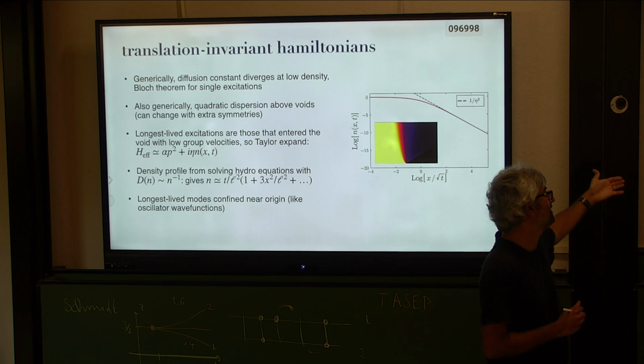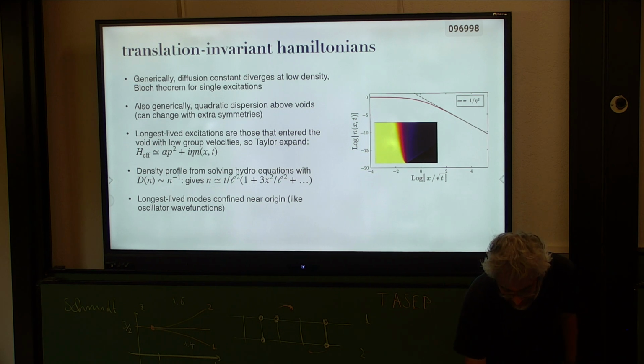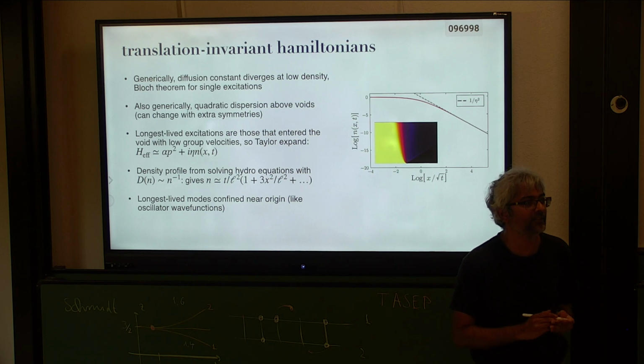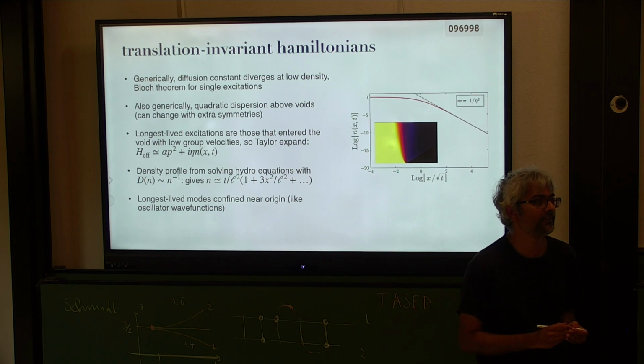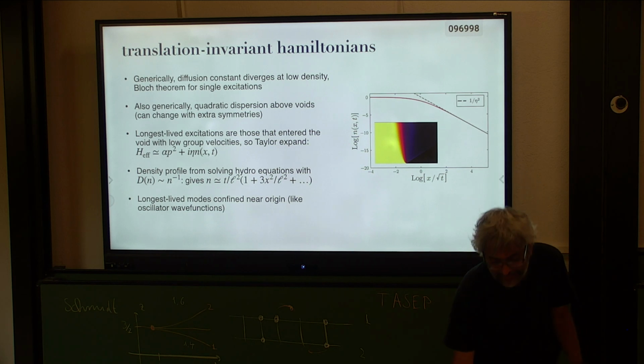You can solve that. It's a fairly simple solution. What you find at the end of the day is that the density at the middle of the void scales as t over L squared if the void initially had size L. Okay? So that just comes out of solving this sort of density-dependent diffusion equation.